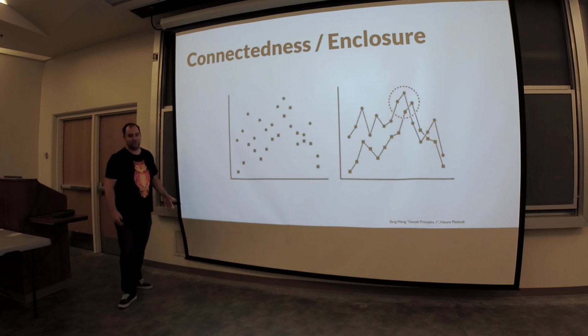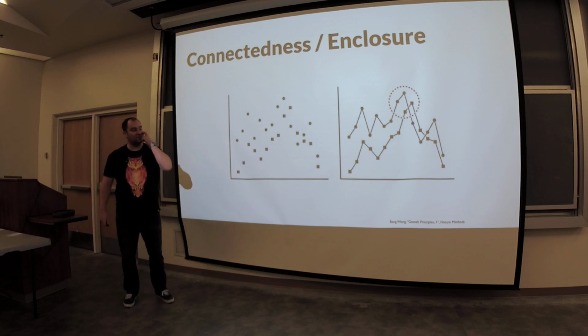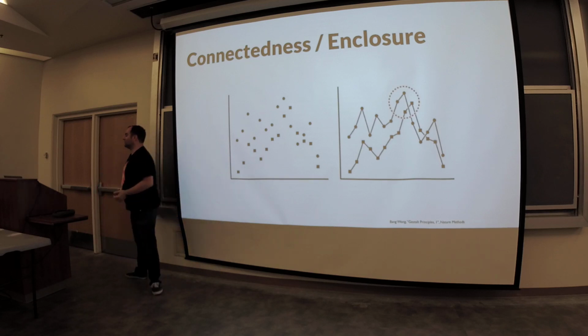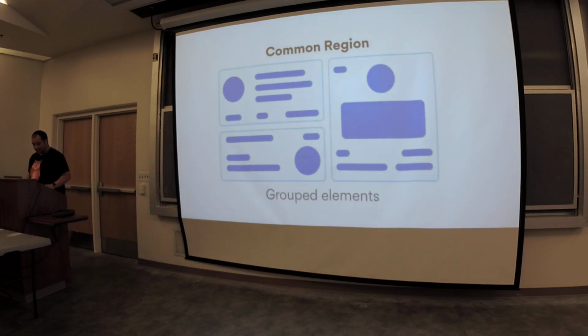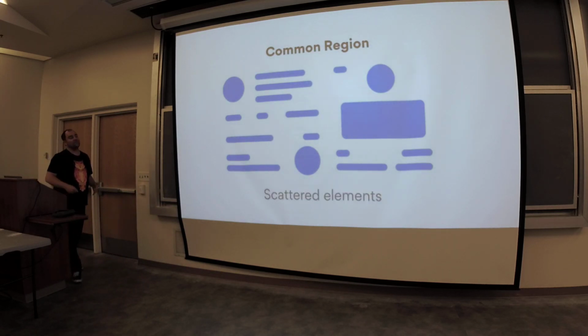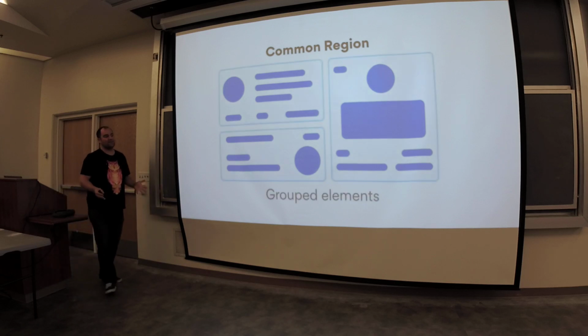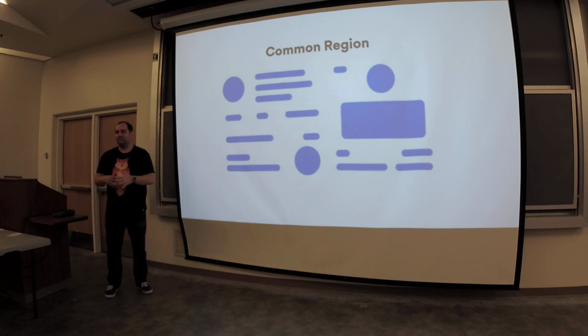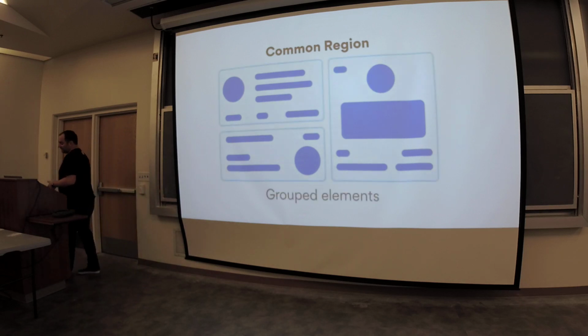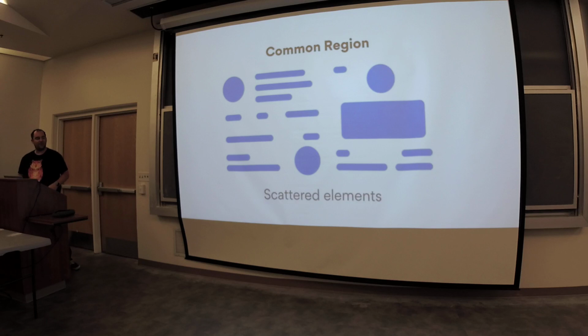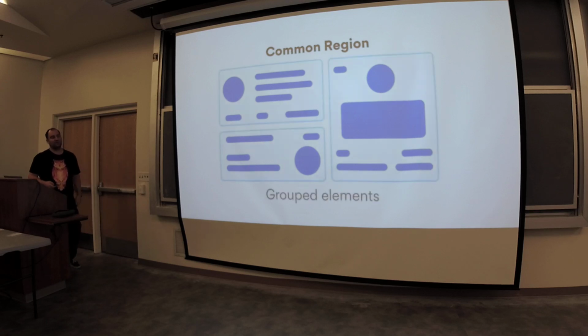And then I can draw more attention and group those items by using something like an enclosure in this example here. So you can use common region to basically group items that are not necessarily in very nice disjunct spatial regions. Like here, we have these pretty scattered elements, but as soon as I throw a frame around it, we have, of course, grouped it successfully.